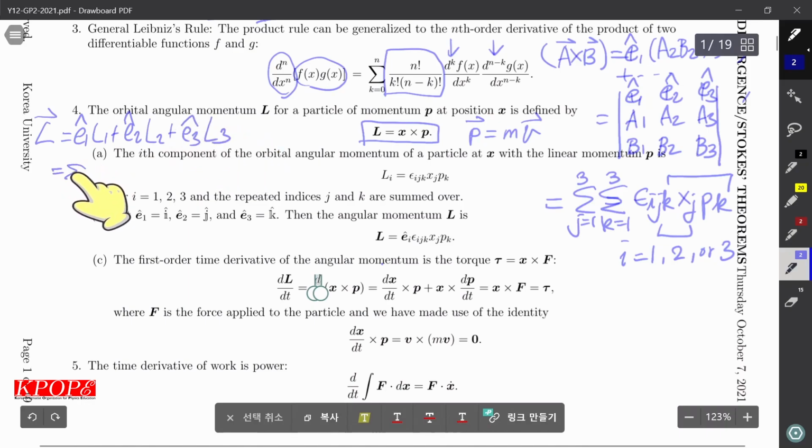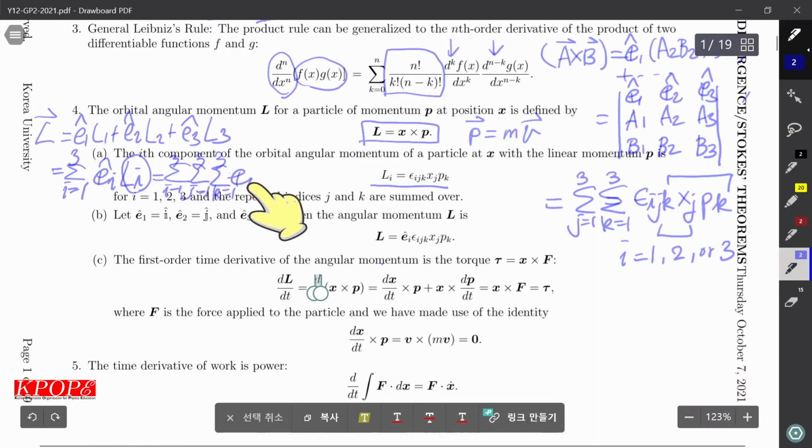Therefore, sum over i from 1 to 3, ei hat Li. And Li has been computed in here. So, sum over i from 1 to 3, j from 1 to 3, k from 1 to 3, ei hat epsilon ijk xj pk. This is the answer.